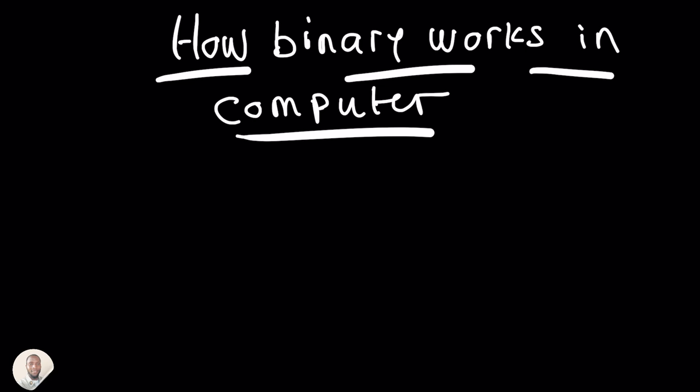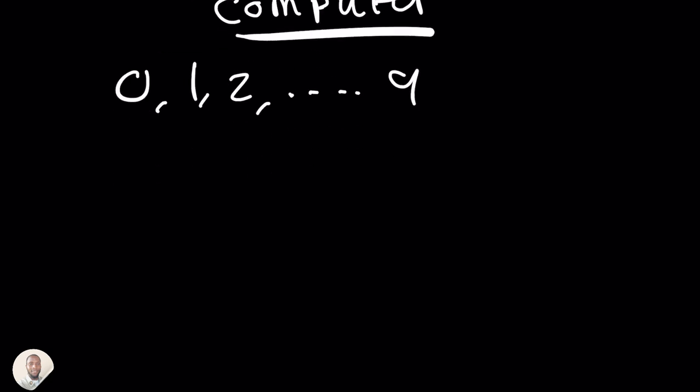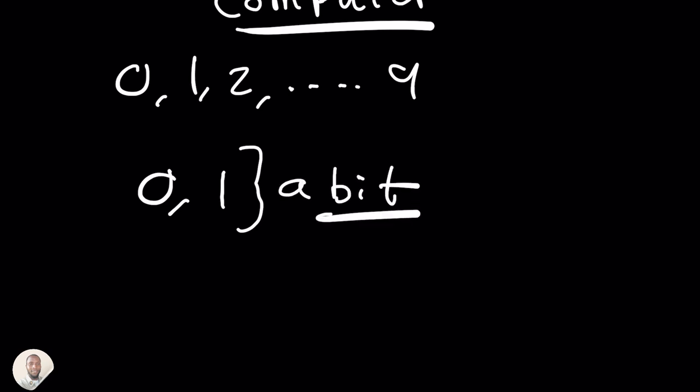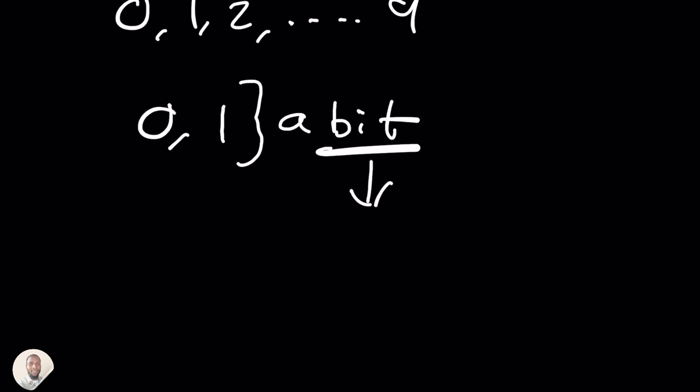Just like we use base 10 decimal for counting 0, 1, 2, up to 9, computers count and process information using base 2 binary, which has only two numbers, 0 and 1. Each 0 or 1 in binary is called a bit. Each of these 0 and 1 is called what? A bit. And this is short form for what? For binary digits.